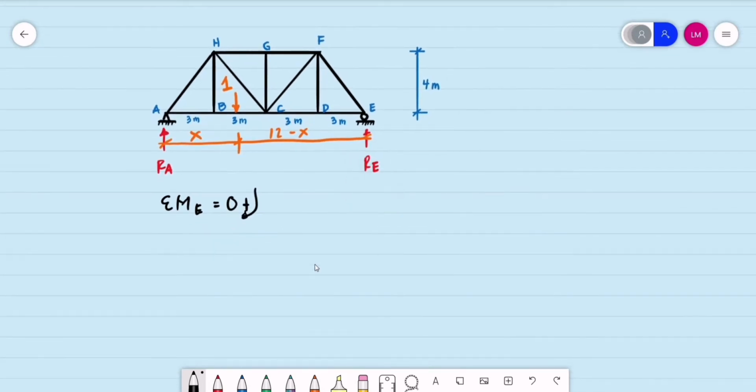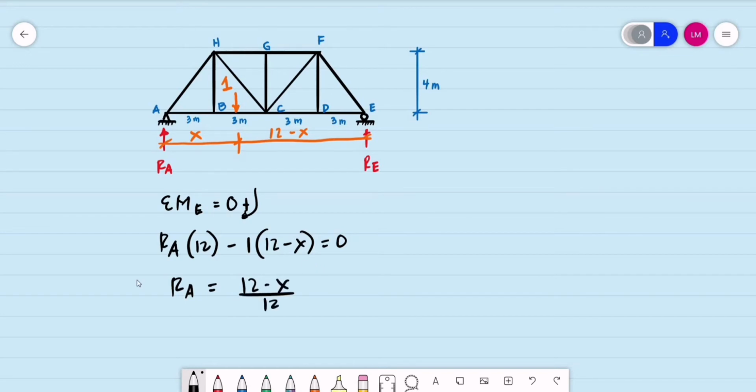That will be R sub A multiplied by 12 meters minus that 1 unit load multiplied by its distance from point E, 12 minus x, equal to 0. So R sub A will be 12 minus x all over 12.